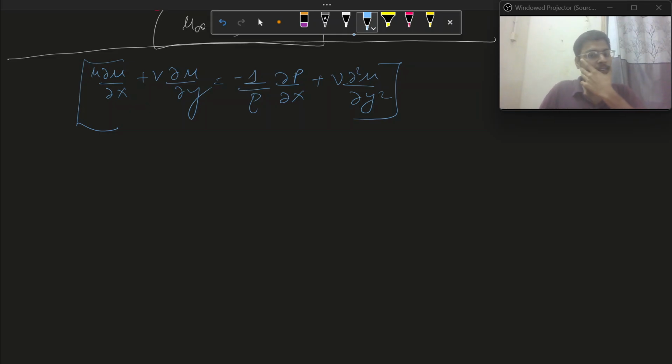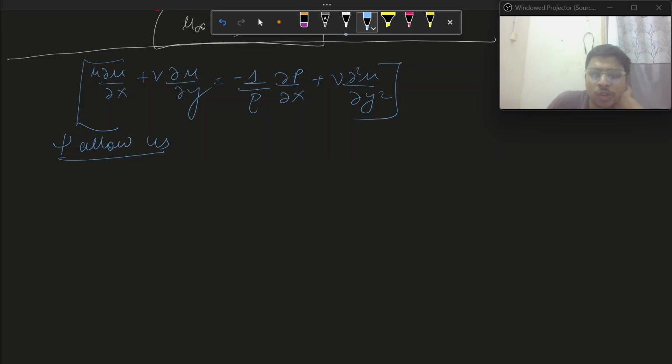And we know that φ allows us to satisfy the continuity equation.